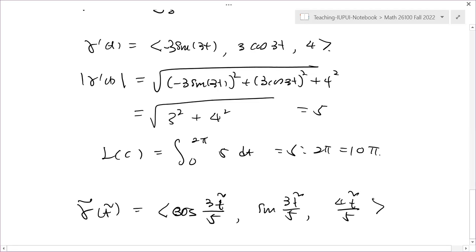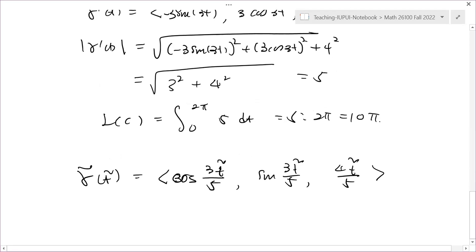Then t tilde is between 0 and 10 pi. When t tilde is 10 pi, I get 5 times 2 pi over 5, so the angle goes to 2 pi.